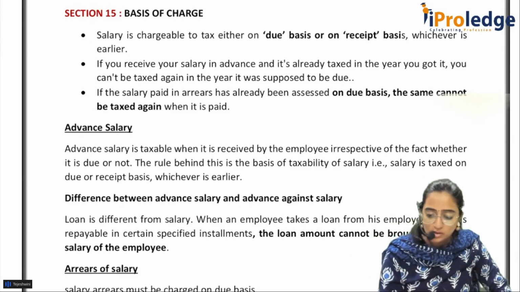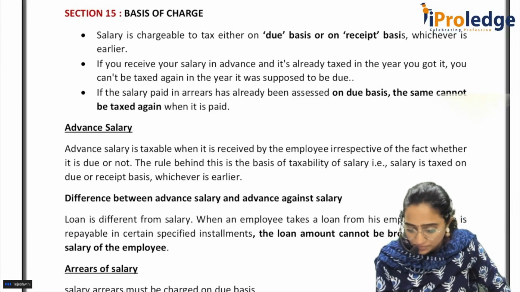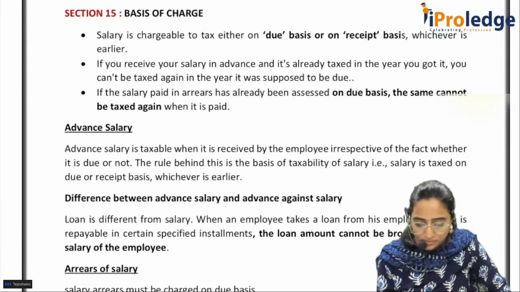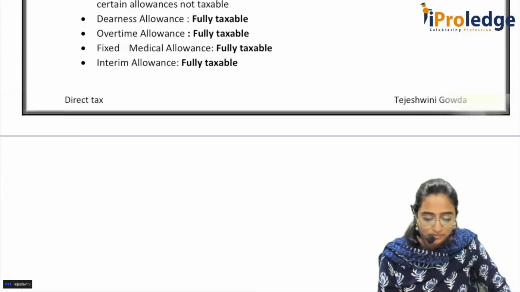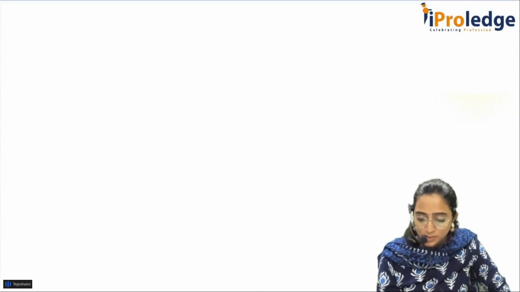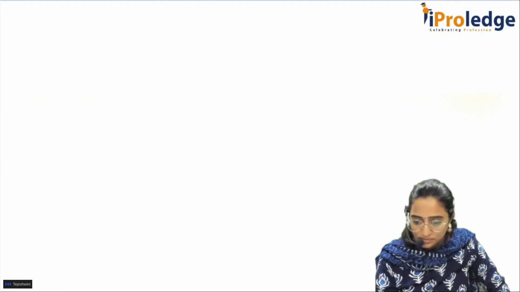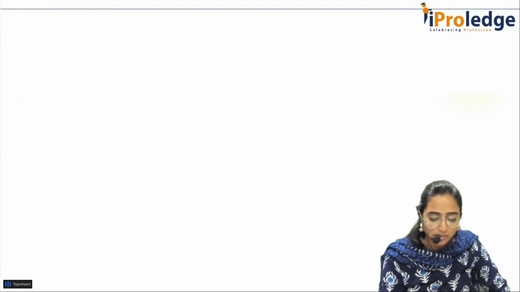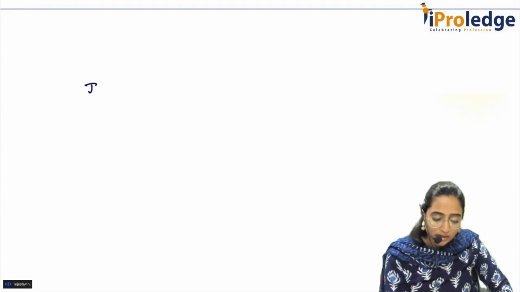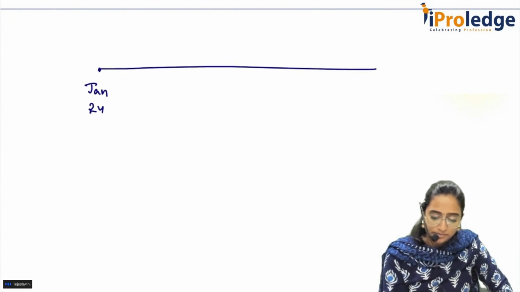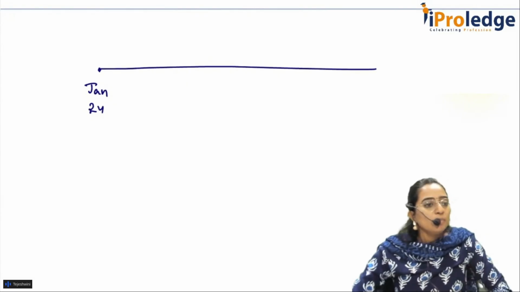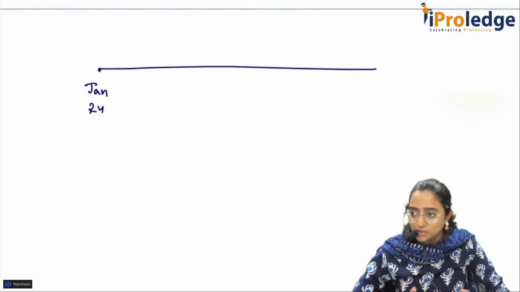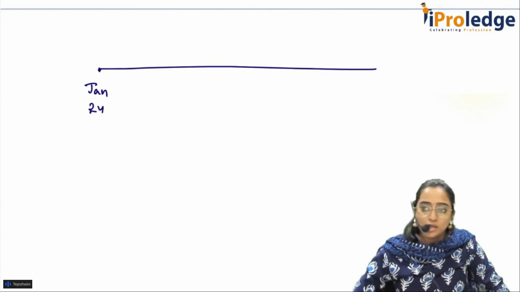Try to understand what this point states: recorded on due basis or receipt basis, whichever is earlier. Let's consider Jan 2024. For the work you have done in the month of Jan, when are you going to get your salary?